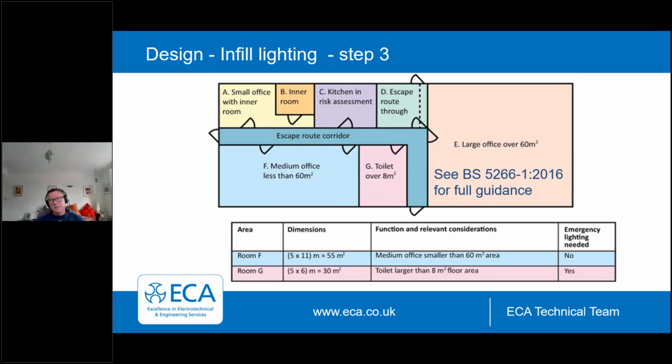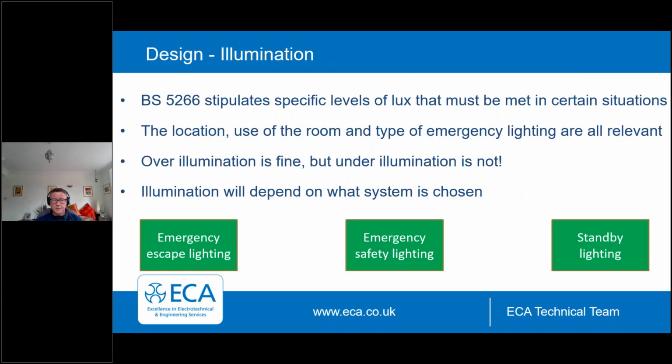Now, when it comes to illumination, 5266 does indeed stipulate specific lux levels that are required in certain situations, depending on the location, the use of the room, and the type of the emergency lighting. The point is, though, over illumination is fine, under illumination obviously is not. The standard gives us some really basic illumination targets to hit within certain areas, which I'll have a look at in a second.